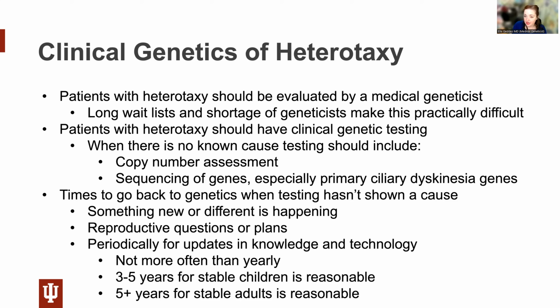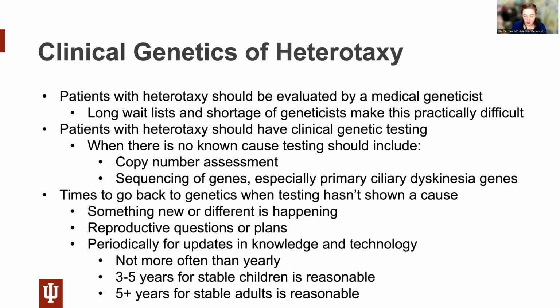Can we update testing, see if there's anything we can better understand in regards to risk for future children, or test for, or prepare for? And then periodically for updates in knowledge and technology.